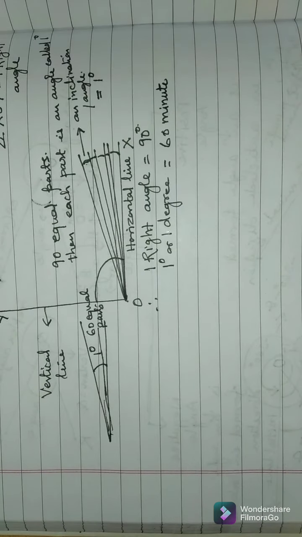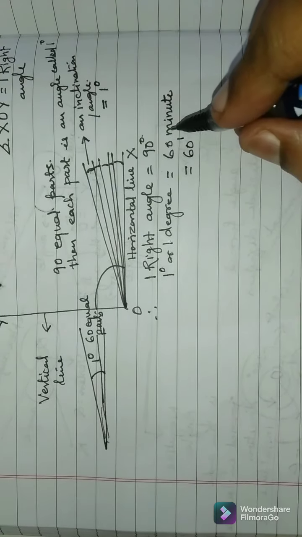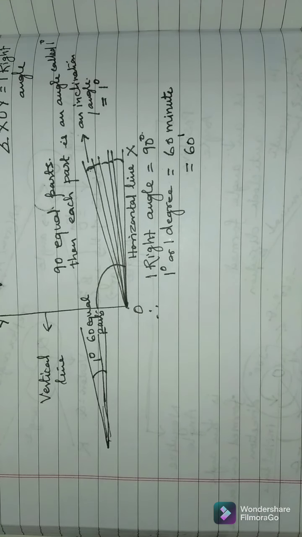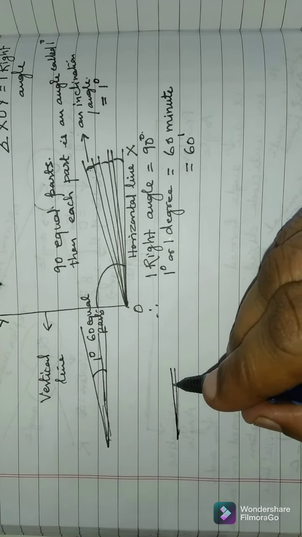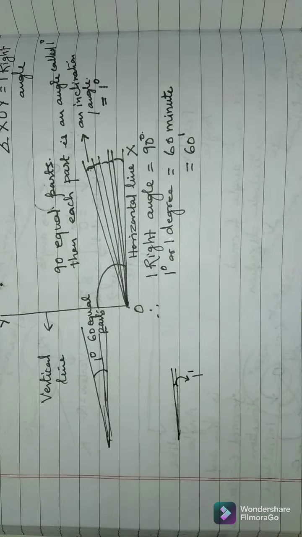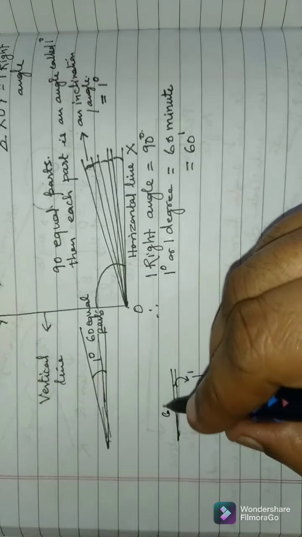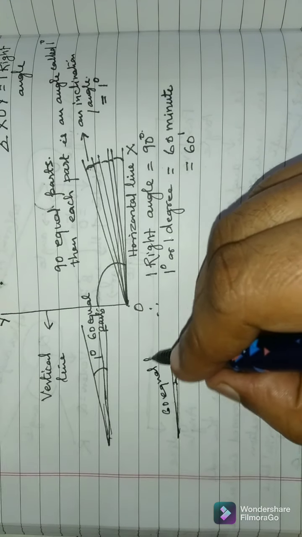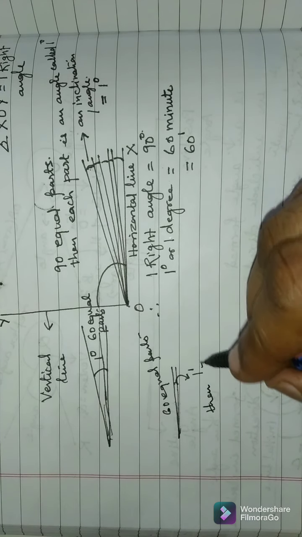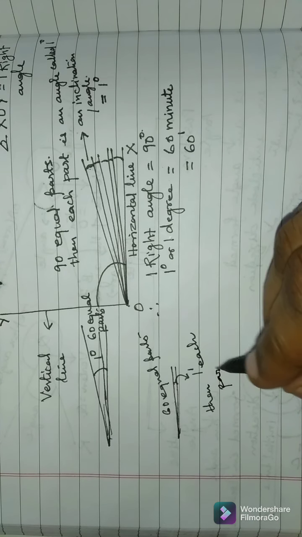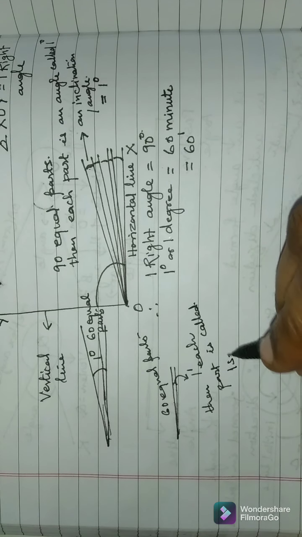So now this can be written as 60 bar or dash, you will have to give it on the side. And again, suppose this is a very small angle, if it is taken as 1 minute, and this 1 minute is again divided into 60 equal parts, then each part is called 1 second.